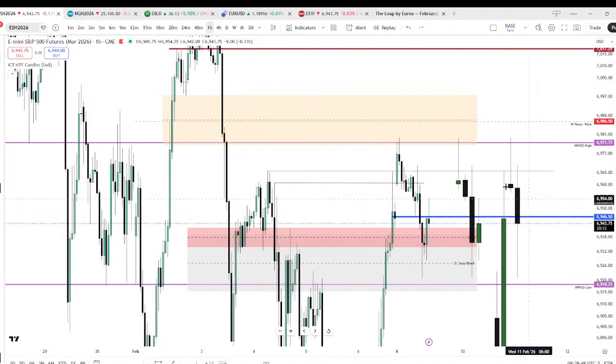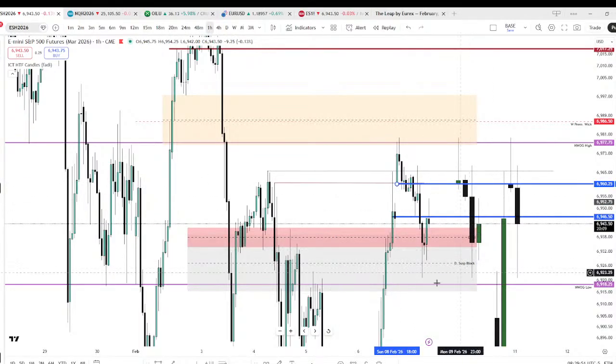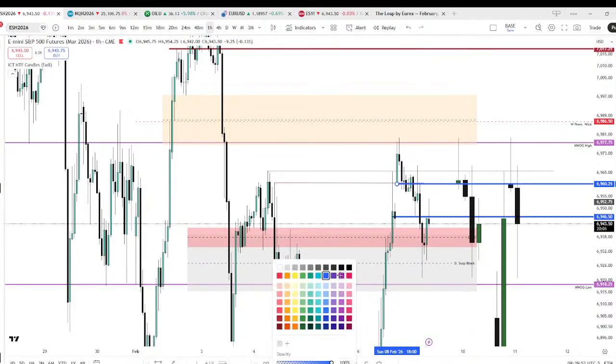Here's a new week opening gap as well for this week.